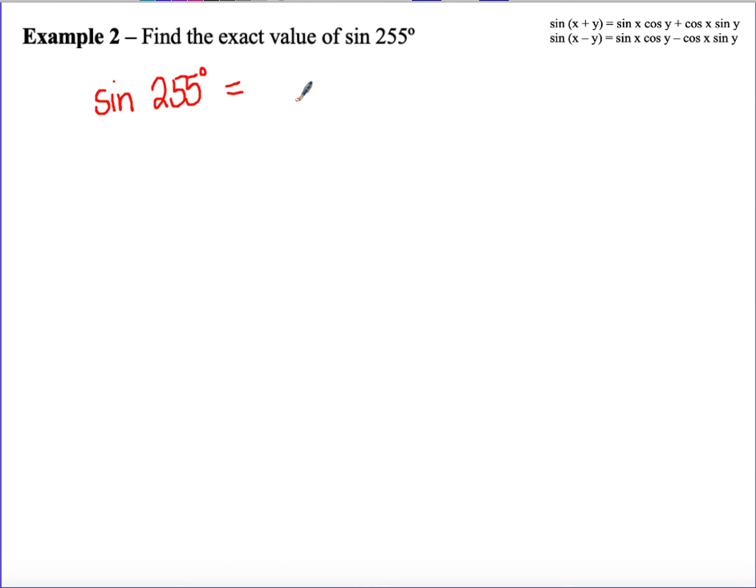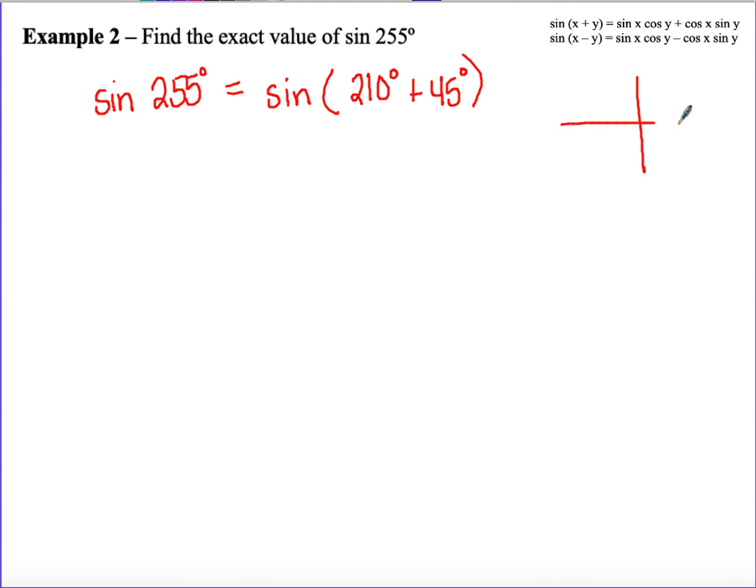And so the one that I'm going to use is, I'm going to say that 255 comes from 210 degrees and 45 degrees. That adds up to 255. Again, there's a lot of other options, so if you picked something different, that would be fine as long as it adds or subtracts to 255 degrees.